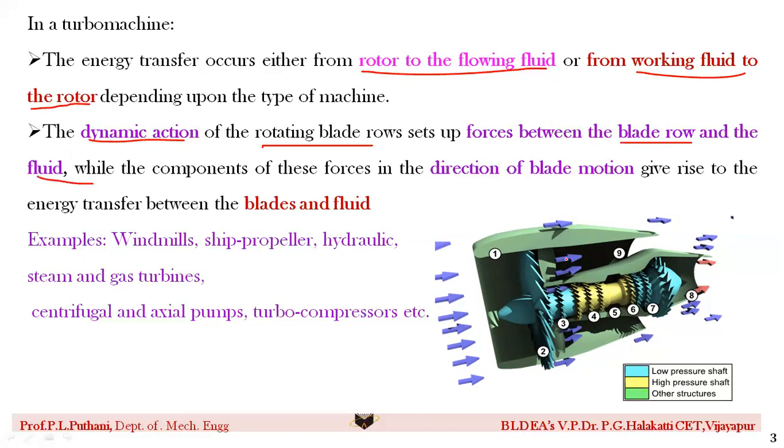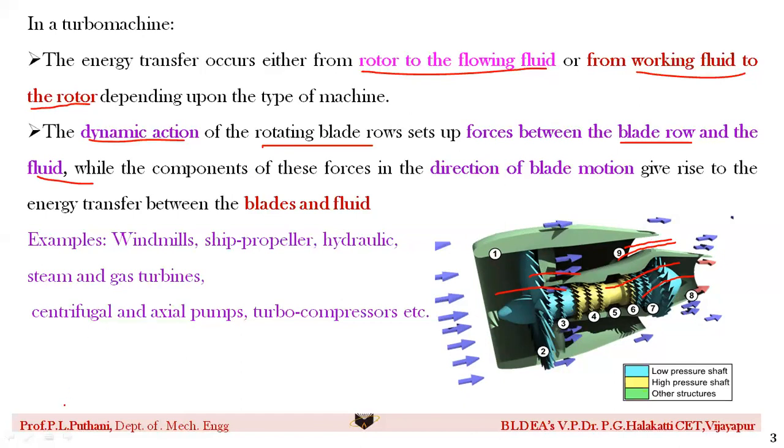As you are observing here, as the fluid is passing through these blades, the dynamic action is continuously being developed. That is, the forces are developed between the blade row and the fluid. The components of these forces in the direction of the blade motion are responsible for the energy transfer occurring between the blades and the flowing fluid.